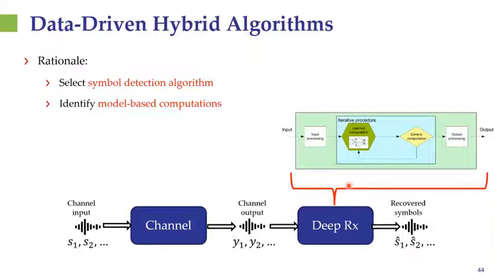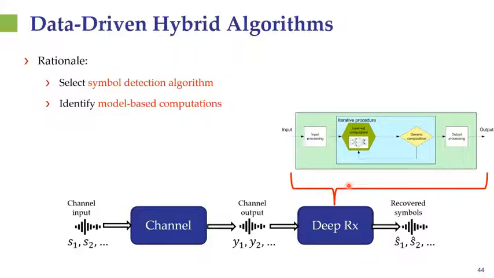Now let us go to data-driven hybrid algorithms, in which the rationale is somewhat different compared to our previous approaches, which just used a deep network, either a conventional architecture or an unfolded one, to carry out the complete symbol detection task.